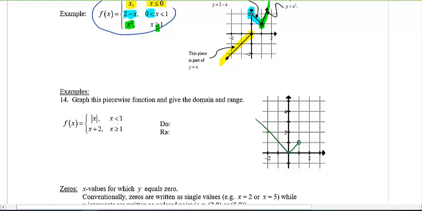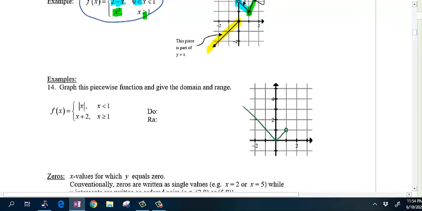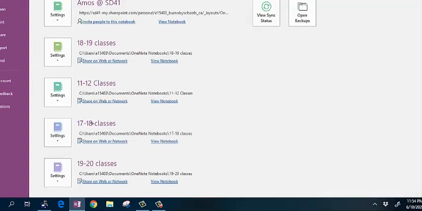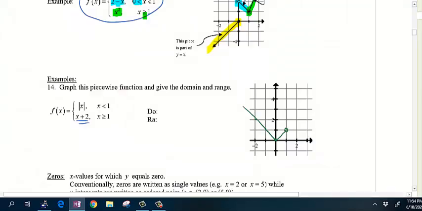The next part I should do now is the equation x plus 2. So, oops, that is a line with a y-intercept of 2, and the line going up like this. Oops, what did I do wrong again? Don't forget, this only exists when x is greater than or equal to 1, so I really should be starting like this.